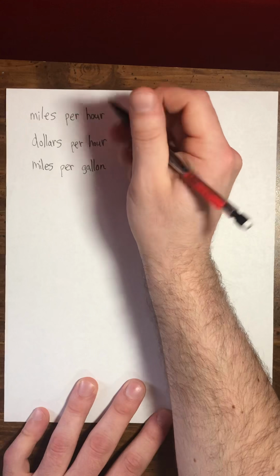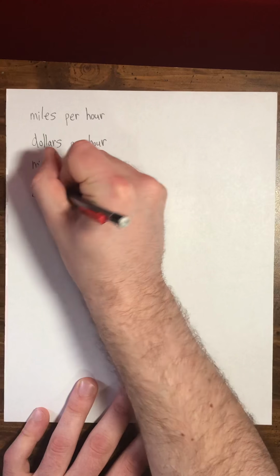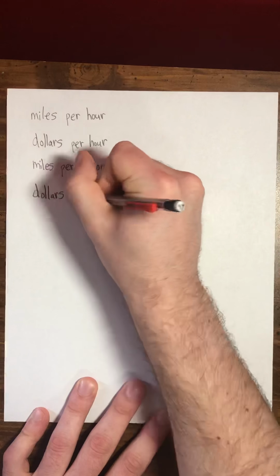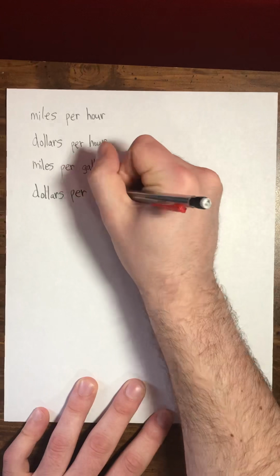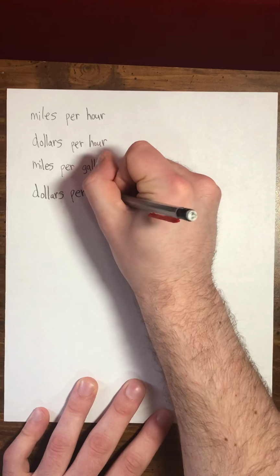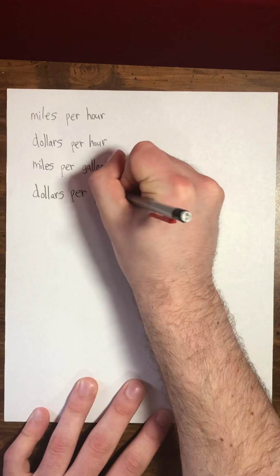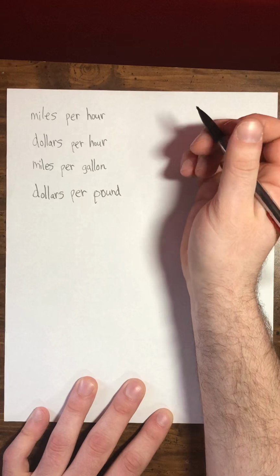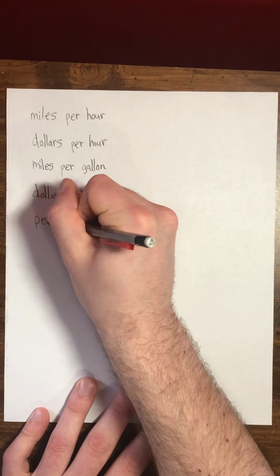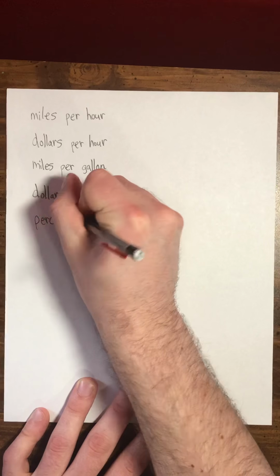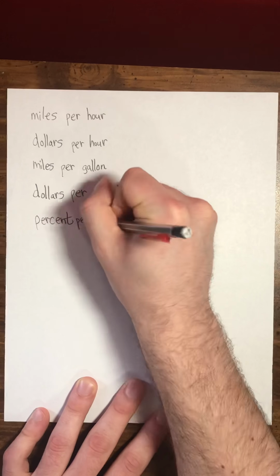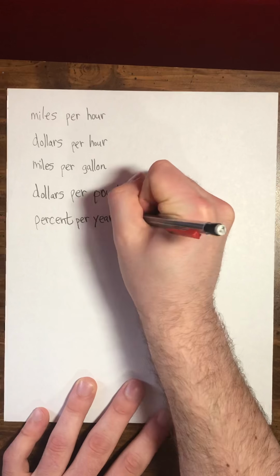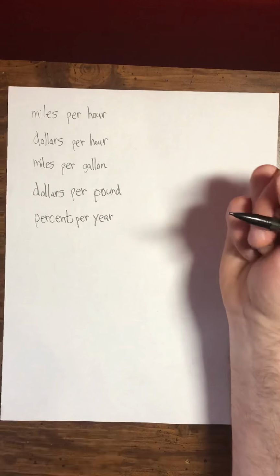We could see dollars per pound. Say we're trying to buy deli meat at a grocery store or something. And if you're talking about interest rates, you could talk about something like percent per year. So these are some rates that you may have seen.